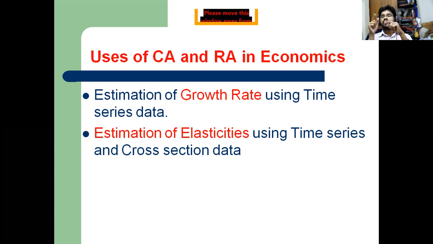In mathematics, that is ∂y/∂x, or change in y by change in x, or change in Qd by change in P: change in quantity demanded divided by change in price. In formula, we can say elasticity is ΔQd/ΔP × P/Q.